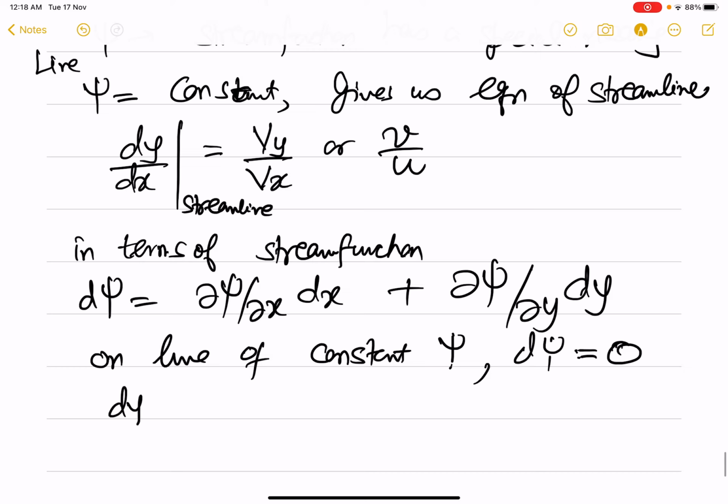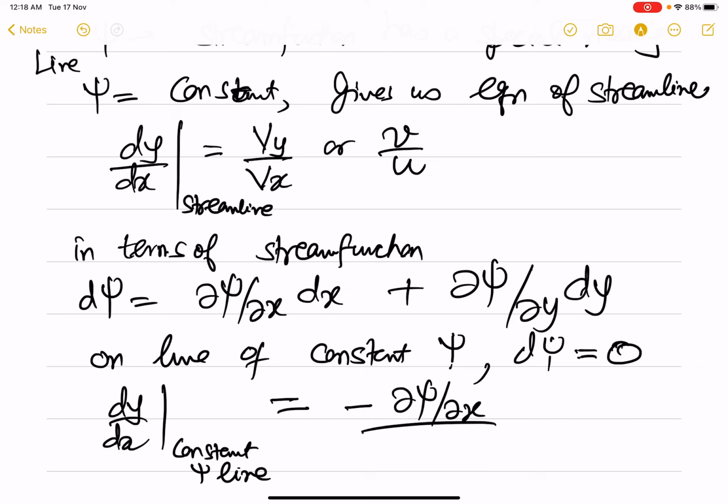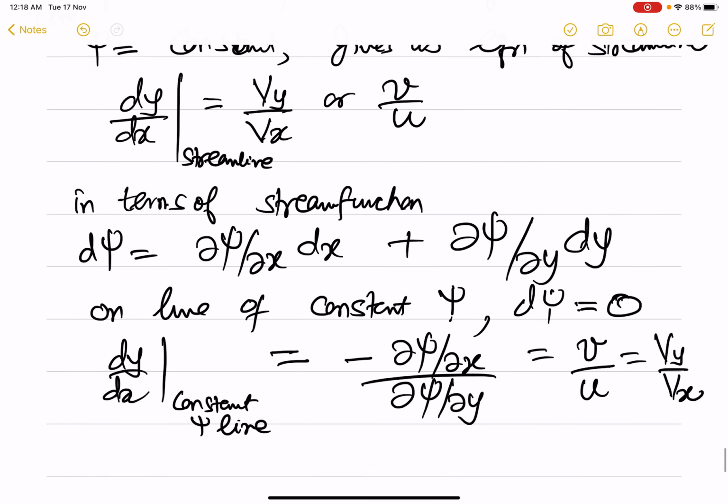So therefore dy by dx of a constant psi line will be equal to minus of partial psi by partial x by partial psi by partial y, and this will be equal to v upon u or vy upon vx, and this is the same form as we get for the streamline.